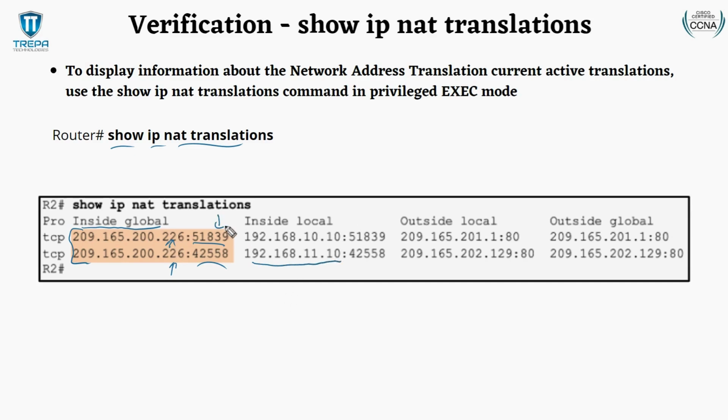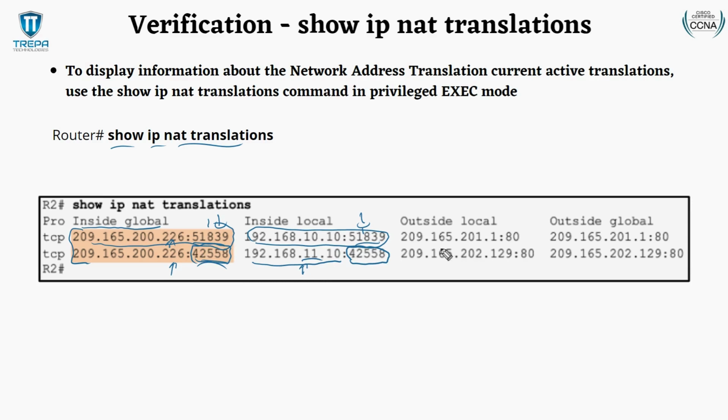So you can see here the port numbers for our inside global and inside local are matching. So we have our unique socket here, and this port number is going to match this inside global socket. And same with this IP address, completely different IP address, probably in a completely different subnet with its own unique port number that gets matched to our inside global.